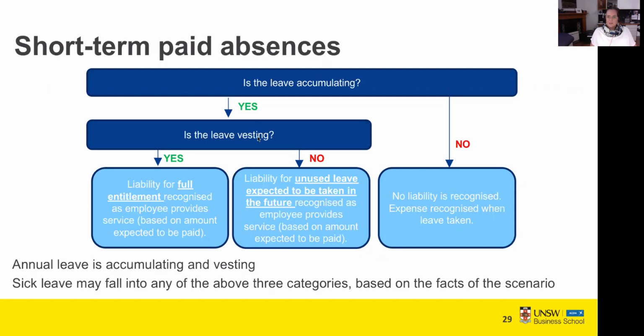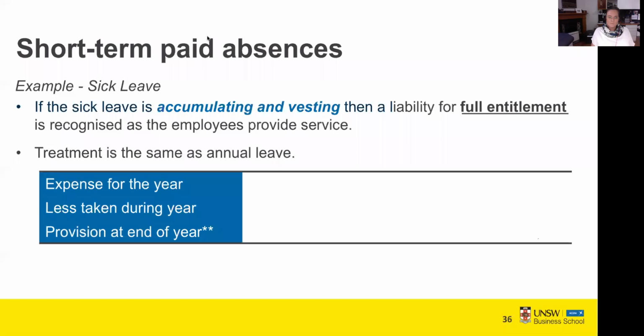If it's accumulating but non-vesting, then we are going to recognise a liability only for the portion that we expect is going to be taken. So the best way to work this out is we work out what the expense will be for the full entitlement first.